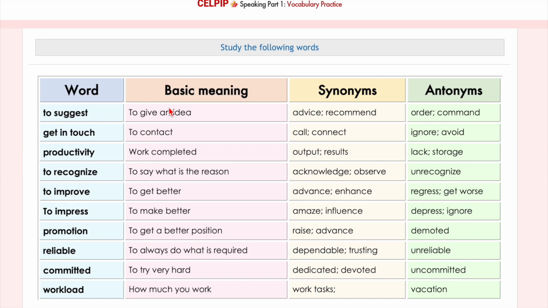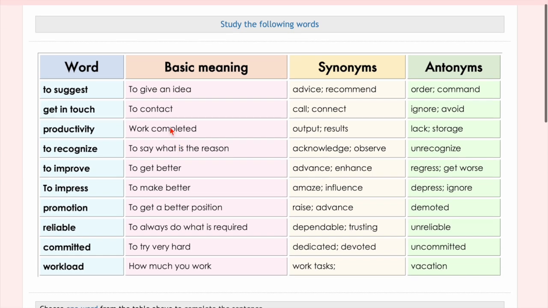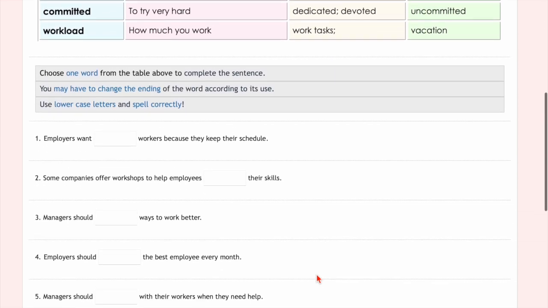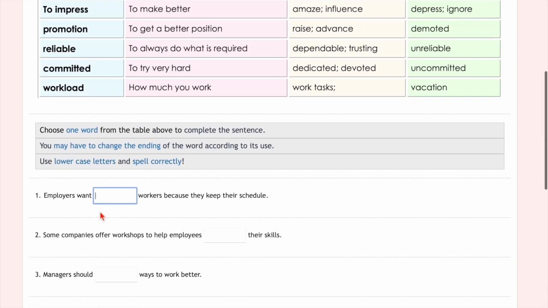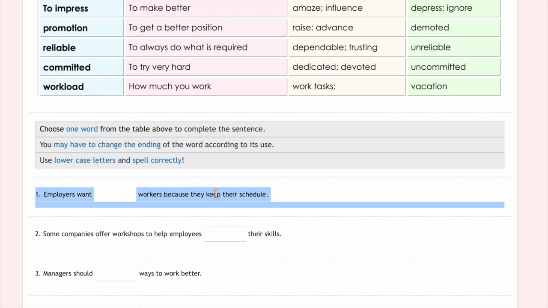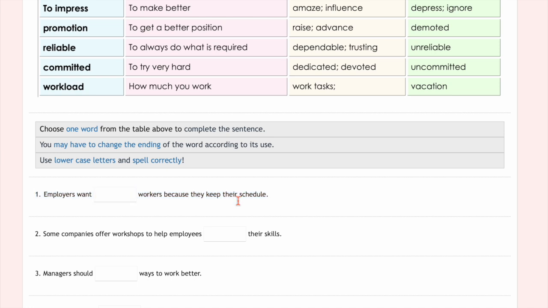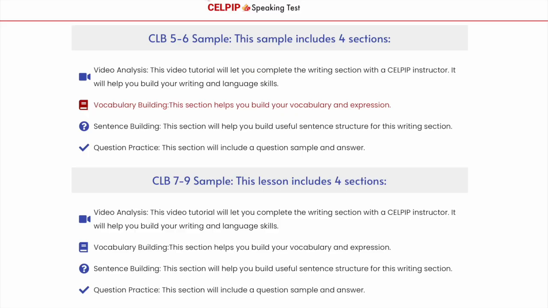This section includes some vocabulary words that we can use in this sample, the meanings, synonyms, antonyms, and then more importantly, it has this great exercise where you read the sentence, and you choose one word from the list to put in this sentence to complete it. Great exercise to improve your vocabulary.